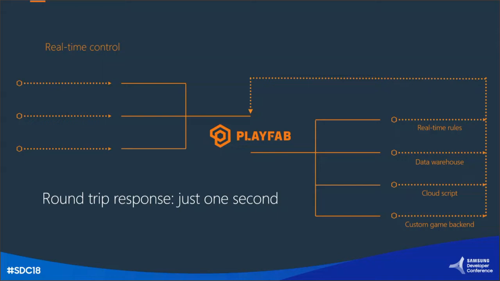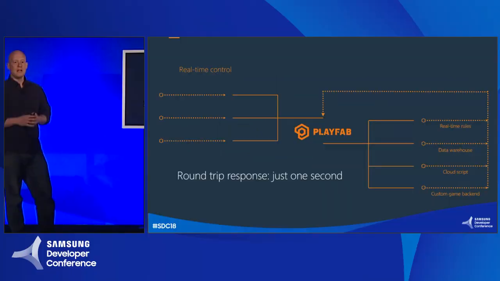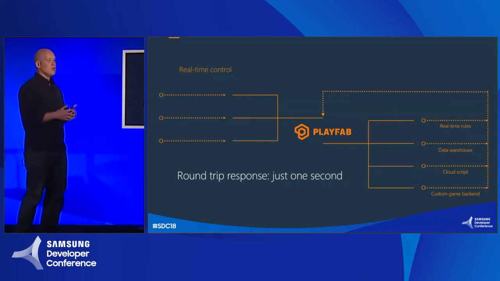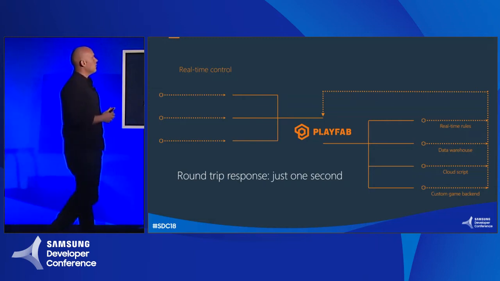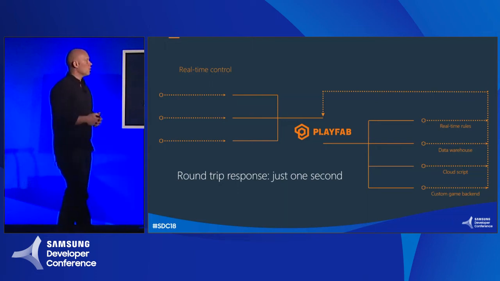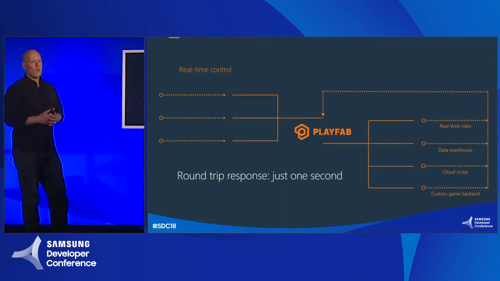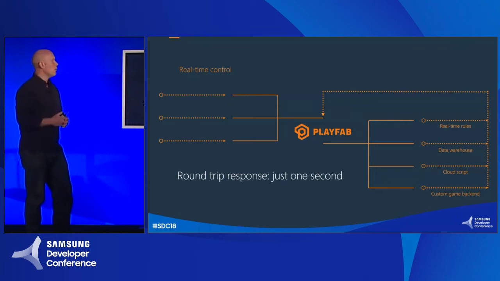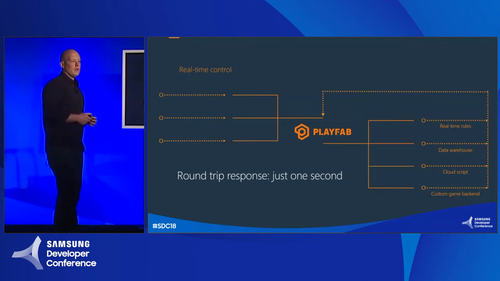These real-time actions are connected to all the different core game services that we provide, but also in a way that if you have your own set of game services, you can interact with these rules yourself. One example: a player just killed a boss, and you want to congratulate them or give them a medal or do something special because it's a unique boss, and you can have that triggered in near real time.